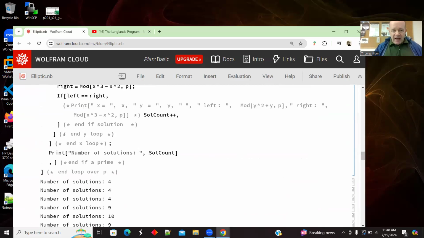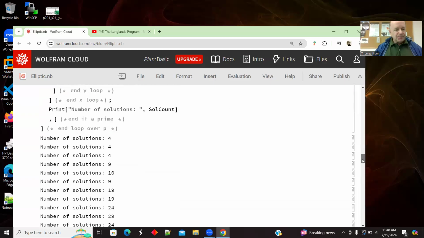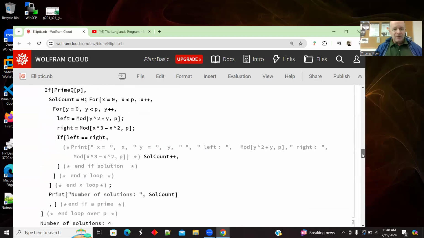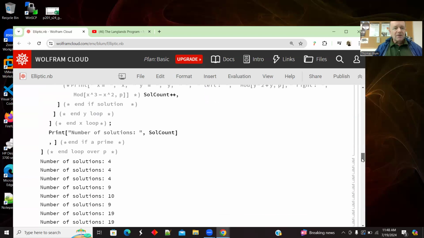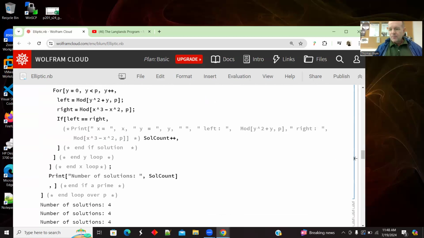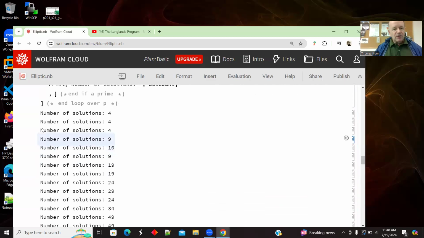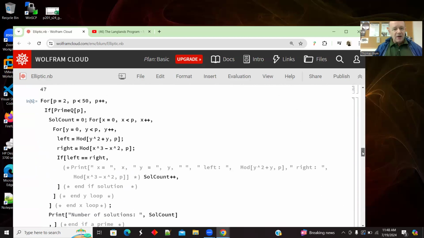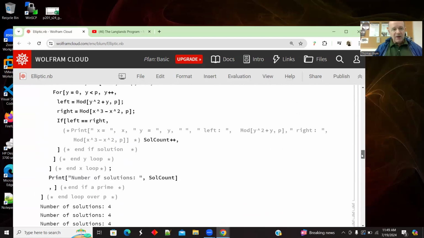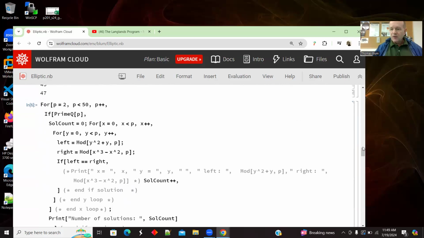This parenthesis asterisk and then asterisk parenthesis is a comment in Mathematica. So I can put some in, because these are getting fairly long. It's probably a good idea to put some comments in there. Okay. So here are the solutions for the different p's, only for the p's that are prime, and I decided to go up to 50.